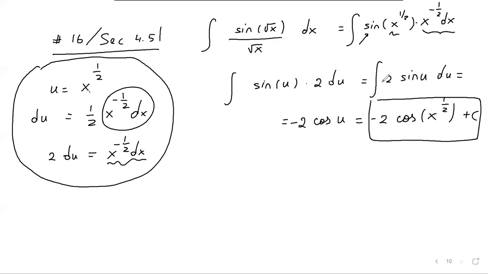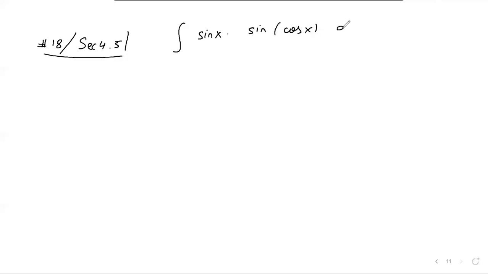So my recommendation is, and again, I'm just going to suggest here to do number 18. Number 18, folks, works the same way, section 4.5. I don't want to squeeze that here. So quickly here, on 18, the antiderivative of sine x times sine of cosine x dx.